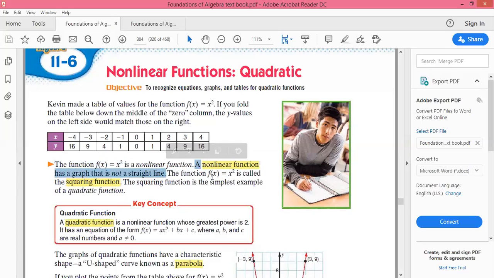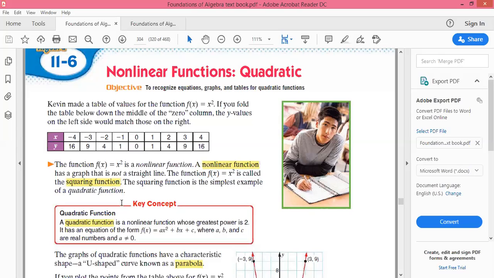The function f of x is equal to x square is called a squaring function, because here we have x square. The squaring function is the simplest example of a quadratic function. So you must know about a linear function, a non-linear function, and a quadratic function.